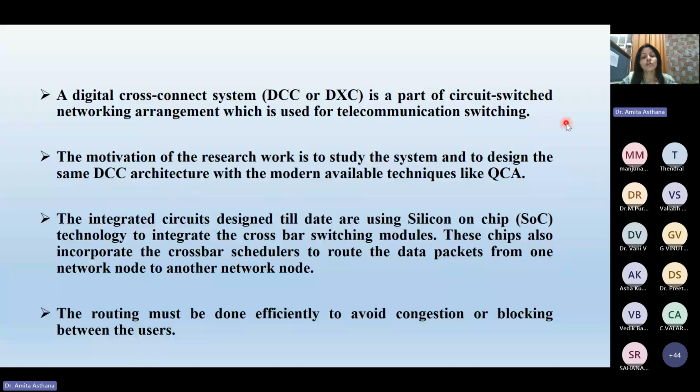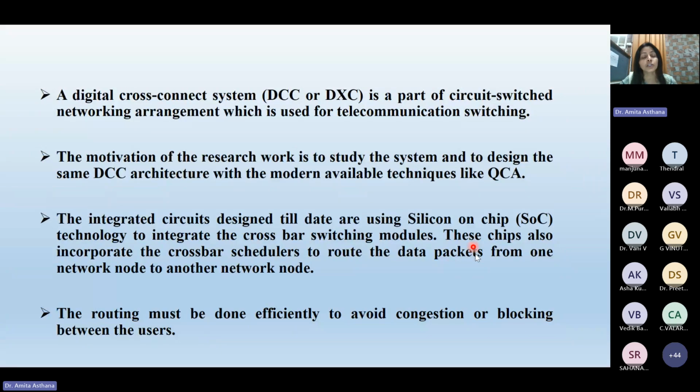Here I would also like to present a scheduler circuit using quantum dot cellular automata, the quantum circuit, but with a physical possibility of providing them the various clocks. Now the routing can be done efficiently to avoid congestion or blocking of the networks.